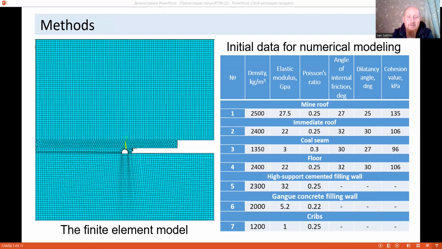To simulate the behavior of rocks, a Drucker-Prager deformation model was used. The geomechanical situation corresponded to the state of the massif behind the longwall after the coal seam was excavated and the immediate roof collapsed. The finite element model is shown in the slide. Initial data for numerical modeling you can see in the table.